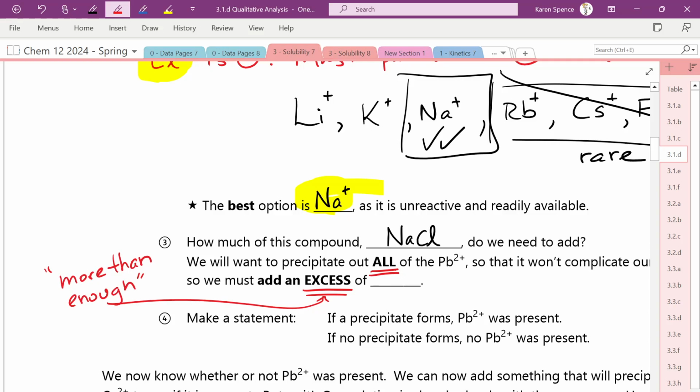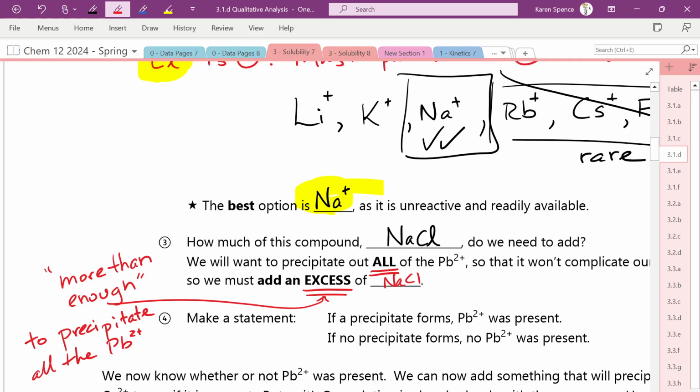So we need to add more than enough NaCl to precipitate all the lead. Now, don't worry about how much that's going to be. This is a qualitative, just sort of descriptive question, so we'll worry about amounts later on, okay?